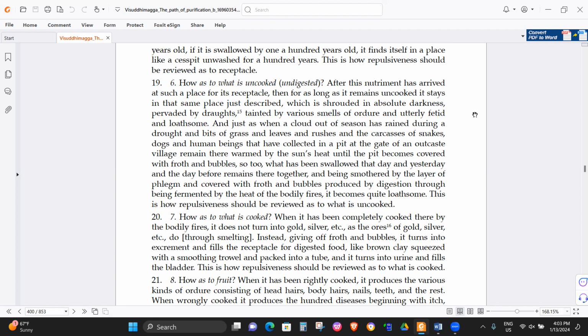And just as when a cloud out of season has rained during a drought, and bits of grass and leaves and rushes, and the carcasses of snakes, dogs, and human beings that have collected in the pit at the gate of an outcast village remained there, warmed by the sun's heat, until the pit becomes covered with froth and bubbles, so too, what has been swallowed that day and yesterday and the day before remains there together, and being smothered by the layer of phlegm and covered with froth and bubbles, produced by digestion, through being fermented by the heat of the bodily fires, it becomes quite loathsome.